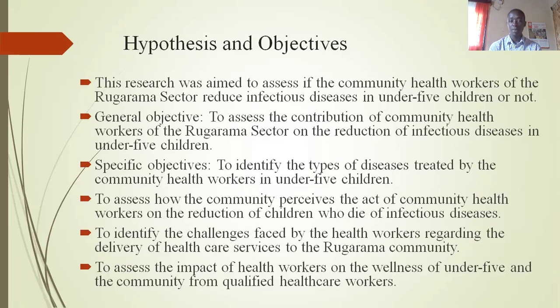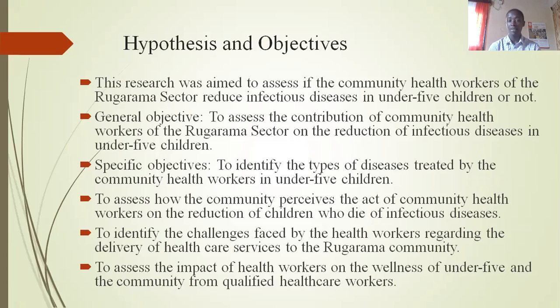The third section is about hypotheses and objectives. This research aimed to assess whether the community health workers of the Rugarama sector reduce infectious diseases in under 5 children or not. The general objective was to assess the contribution of community health workers of the Rugarama sector on the reduction of infectious diseases in under 5 children. The specific objectives: the first was to identify the types of diseases treated by the community health workers in under 5 children.